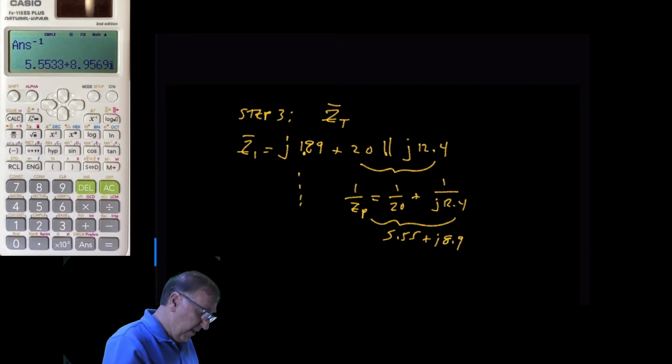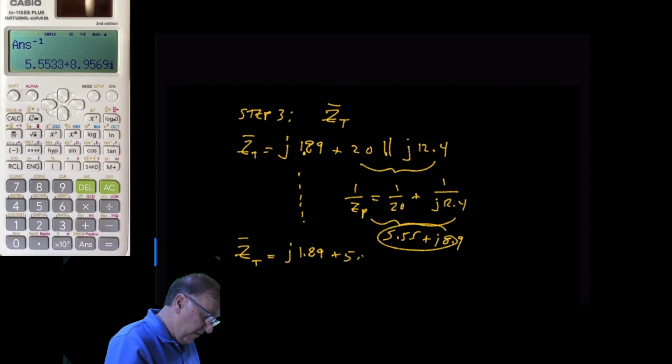So if we bring this together with the impedance of the other inductor, Z total will equal j1.89 plus, from here, 5.55 plus j8.9, and that equals 5.55 plus j10.8, and this is ohms.